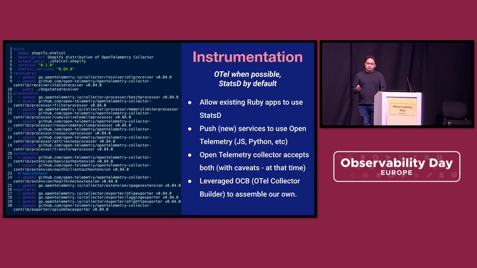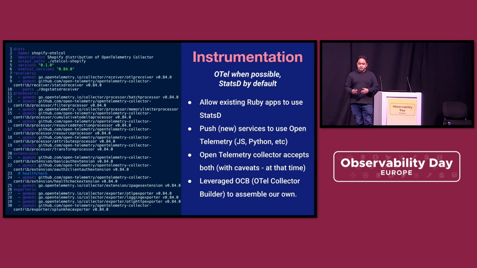And so we wanted to allow existing Ruby apps to keep sending data the way that they were used to, which is statsd, but also push the new services written in other languages to use OpenTelemetry. And so OpenTelemetry allowed us to do that, but with some limitations, because at the moment when we started this work, version 0.84 of the OpenTelemetry collector contrib didn't have support for the dog.statsd format that we used.